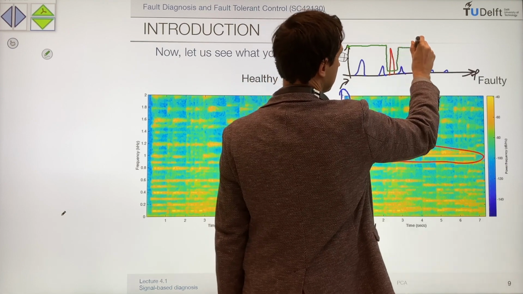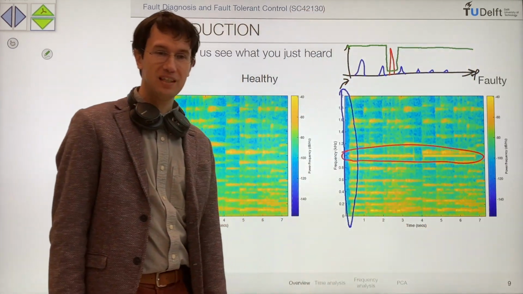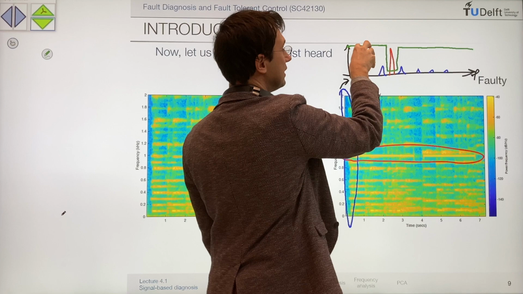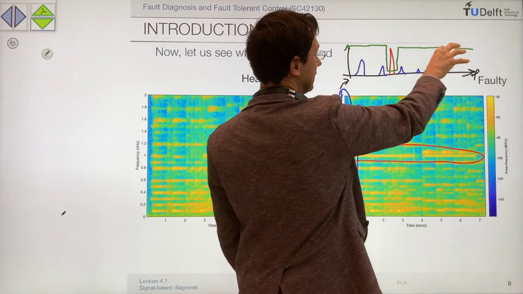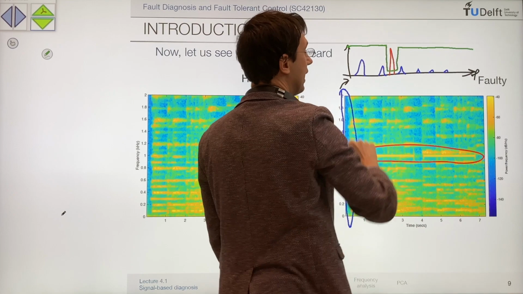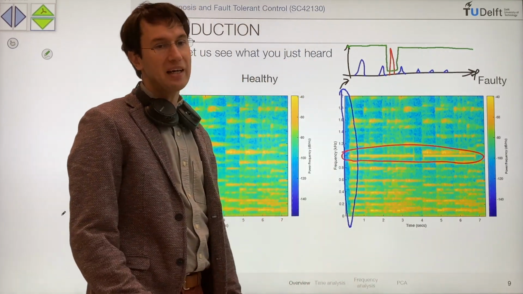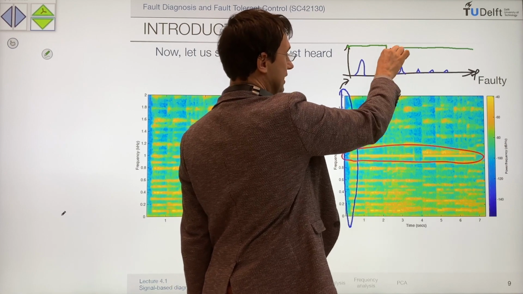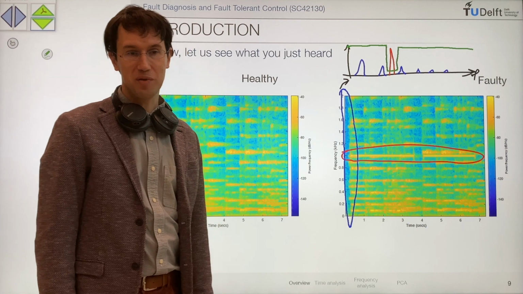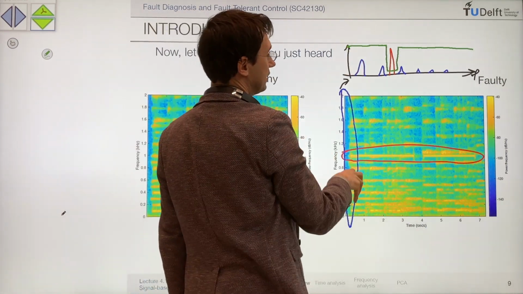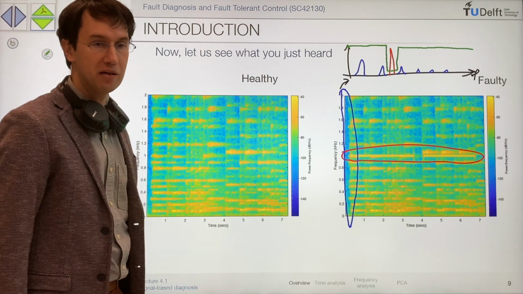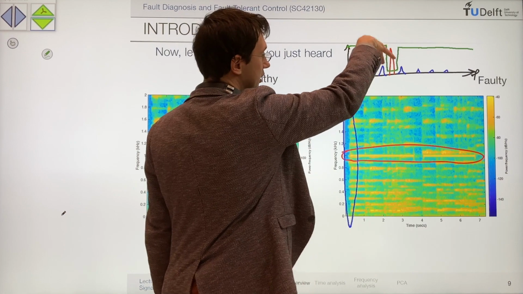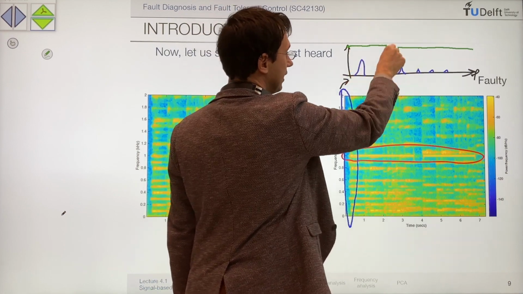So you can have a threshold that is built like this. It is a sort of gate that allows everything in this band that is allowed, this band that is allowed, but here we know we shouldn't have signal. We know we can have some background noise, so here the threshold is not going exactly to 0, but this peak here is going to be detected. So this is a threshold on the actual signal, not on the difference between the signal and the nominal, but you can also do it on the difference. It is going to be just everything shifted down in these bands, and here should be the same.